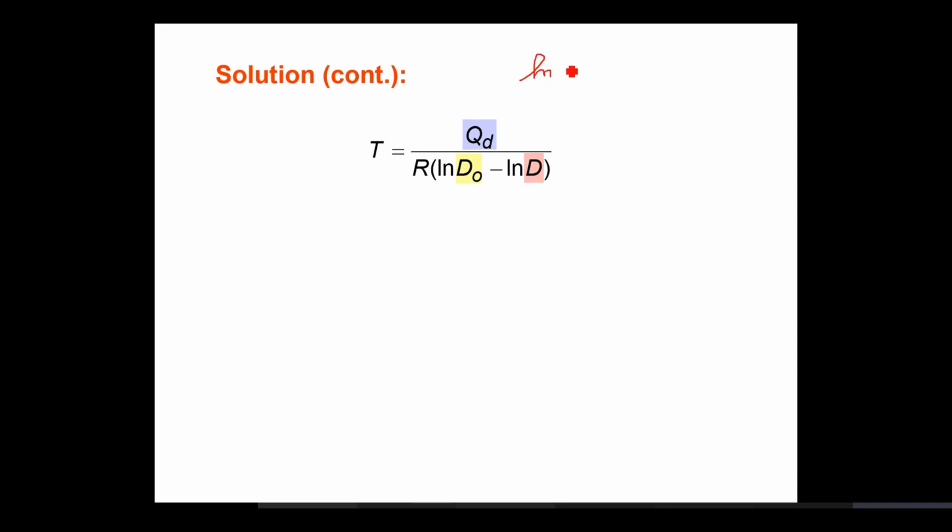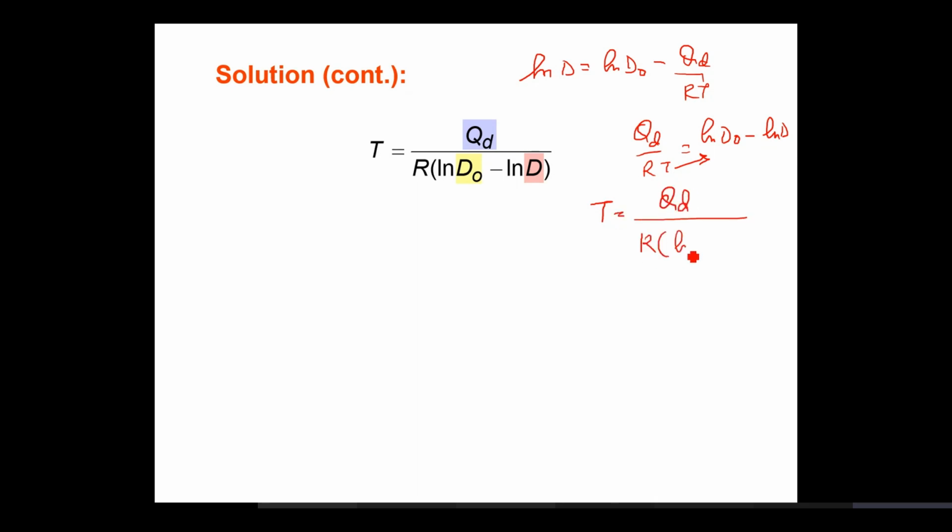If you remember, ln D equals ln D naught minus QD over RT, or you can write QD over RT equals ln D naught minus ln D, and if I make T the subject of the formula, I'll have QD over R multiplied by ln D naught minus ln D. So this is the same expression.